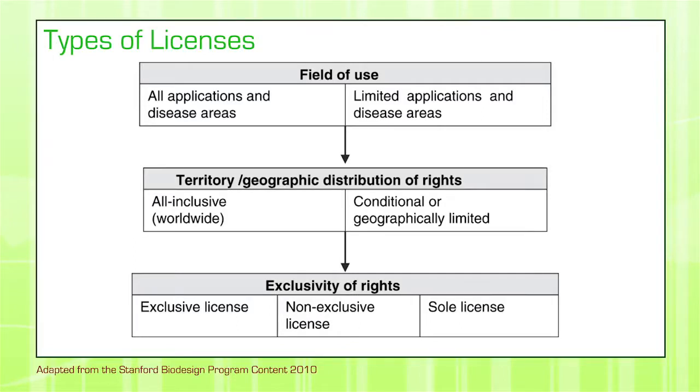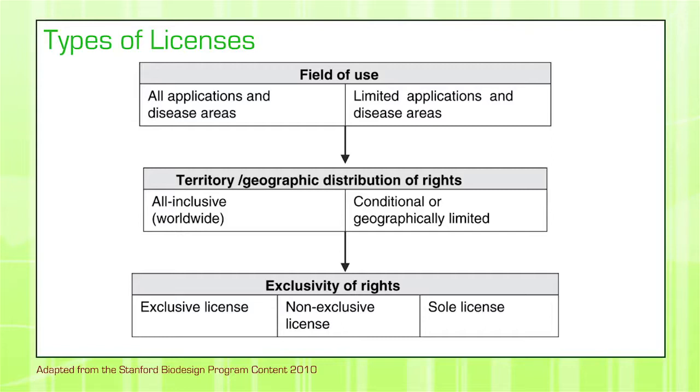Nonetheless, it could also be beneficial for some companies, because the more limited the field of use of a license is, the cheaper the license is probably going to be. Nonetheless, if you include all the applications and disease areas in your license, that will mean that you are providing a more valuable license for your customer.